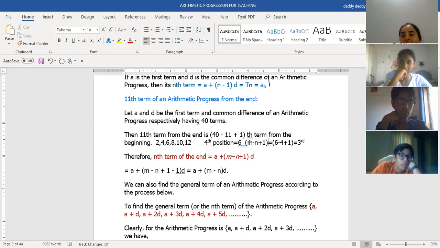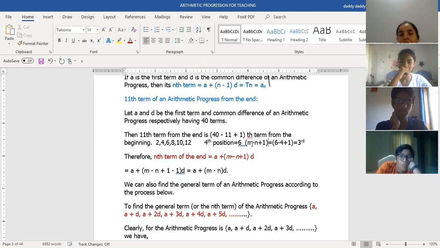For infinite, this question will not come because then you don't have any number to put in place of m. The series is infinite, so how can I decide the positions of the number from the end, because the series is not ending. Are you getting my point, children? What I'm saying? All of you?